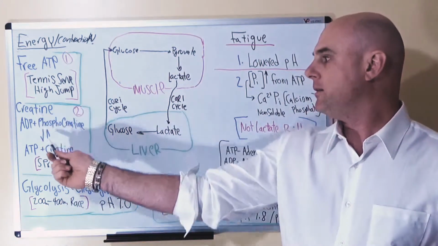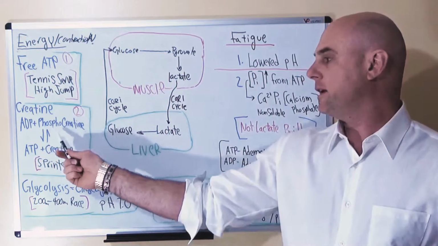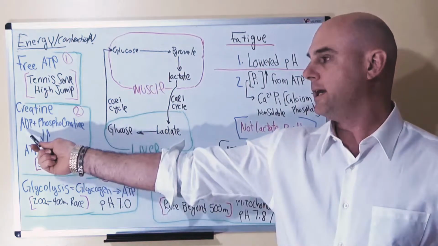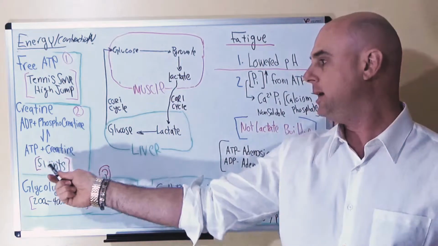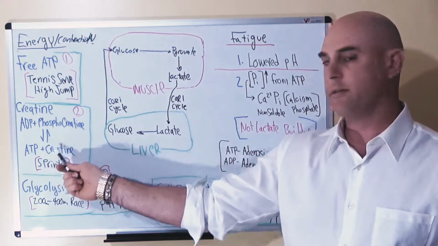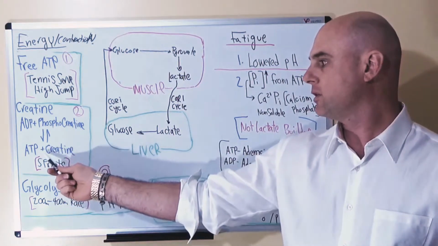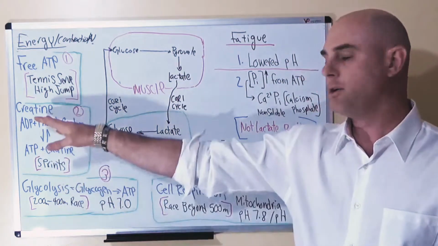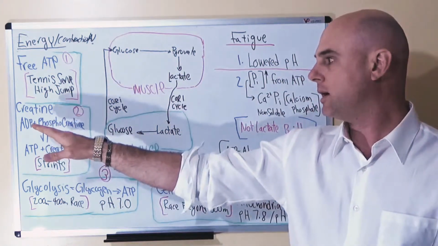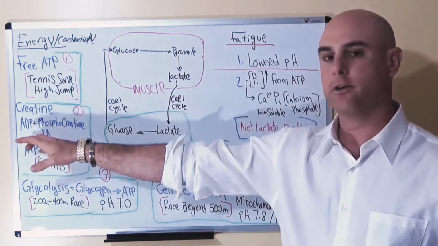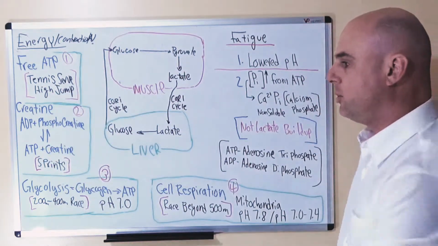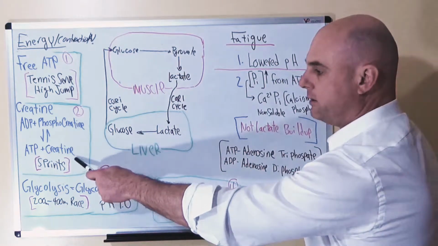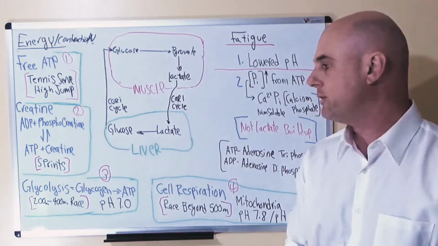So creatine, with this phosphocreatine, has a phosphate group that it can donate to ADP to recycle it to ATP, and then the creatine obviously loses the phosphate group. So that's how creatine works for us in the skeletal muscle. It recycles free ATP faster for us, so we can do the weightlifting and the sprints and stuff with the help of creatine.